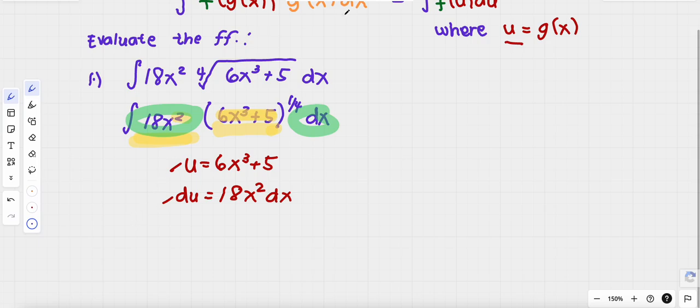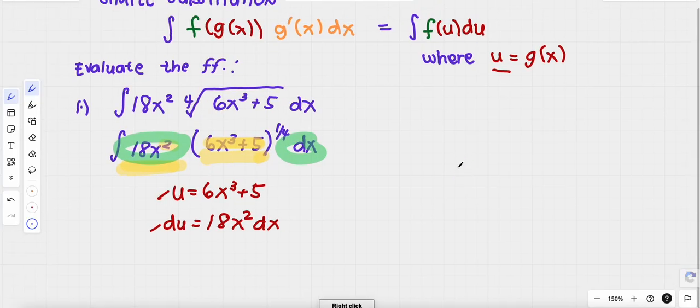To match it with our definition, f of u du will be the format we will be following once we are able to sort this.